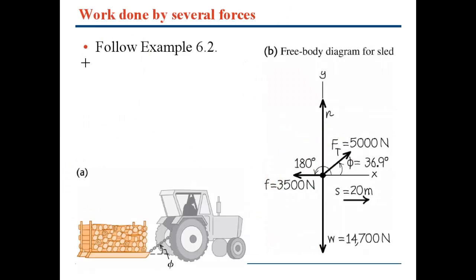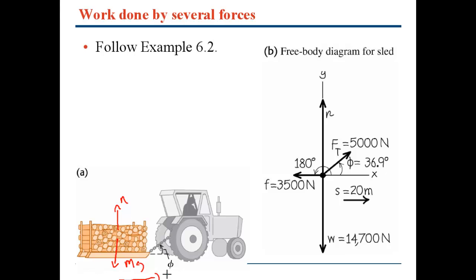The tractor example is an excellent example of this, where we have a tractor that's pulling a sled with some logs on it, and we can ask ourselves, what is the total work that was done in the system? So first, let's go about drawing all the forces on this sled. It's going to have its weight in the downwards direction. It's going to have some normal force right there.